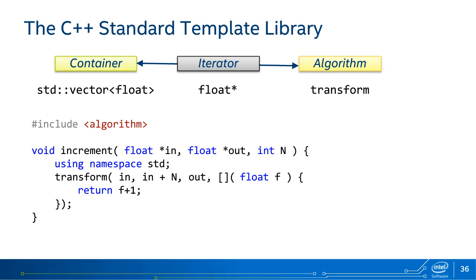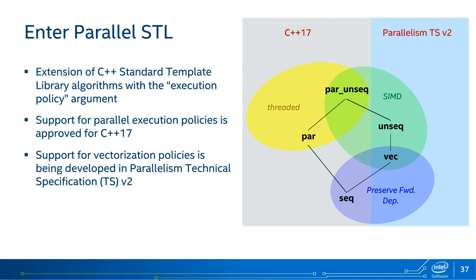It's just basic serial C++ STL algorithms. What is new is Parallel STL. In the most recent standard, C++17, the C++ standard library has been extended with execution policy arguments.